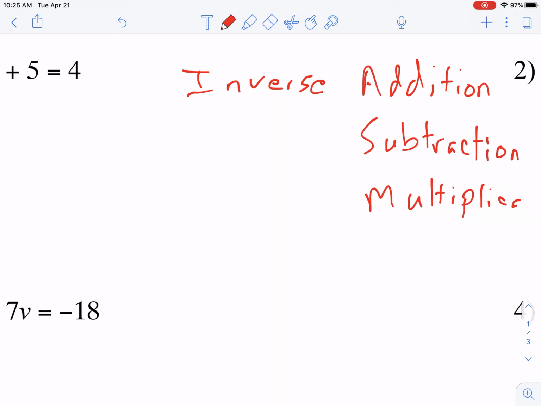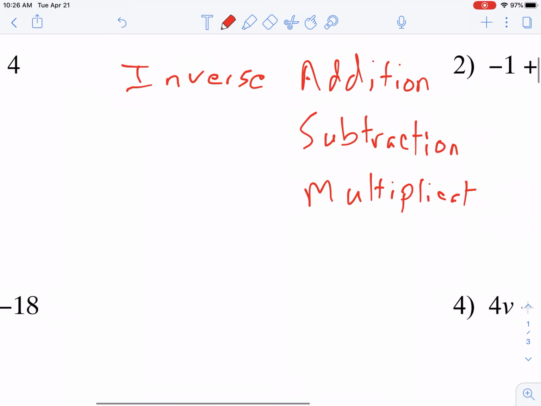Or you can do the inverse of division. And again, you're still going to do whichever one comes first, left to right. Now, these problems are called two-step problems, which means that they only have 2 steps to do them. And they're always going to be the inverse of addition, inverse of subtraction, inverse of multiplication, or inverse of division.